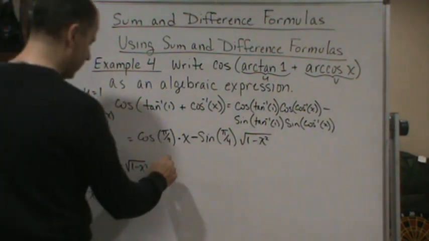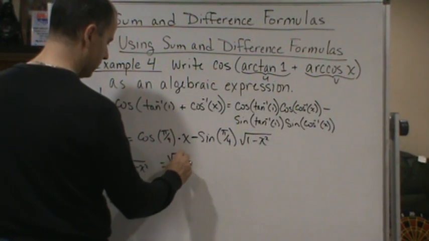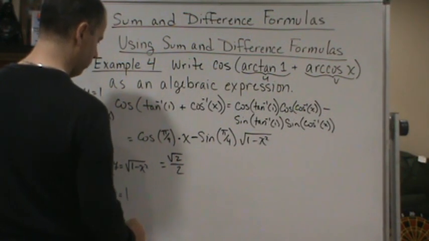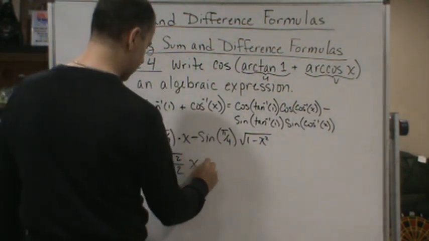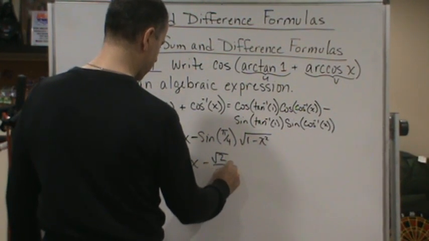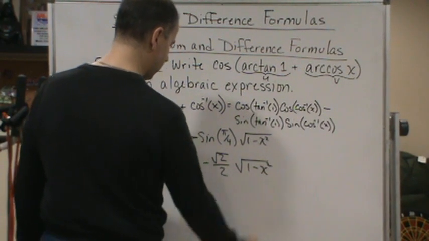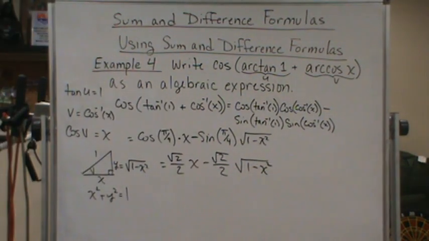Now the rest we could just do, because cosine of pi over 4 is the square root of 2 over 2, times x, minus, again, the sine of that is still the same thing, square root of 2 over 2 times this expression, okay?